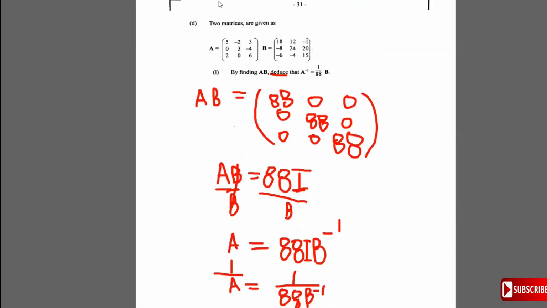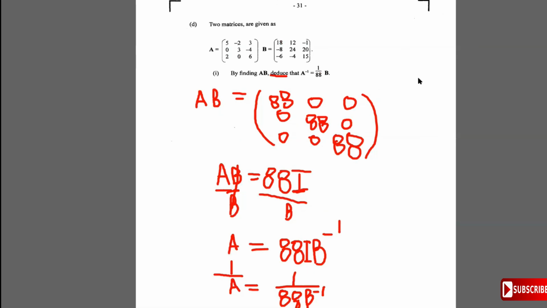An OR way is to do what they teach us to do. A times B is equal to 88I.